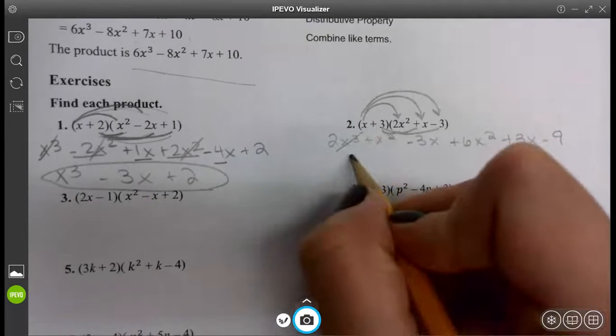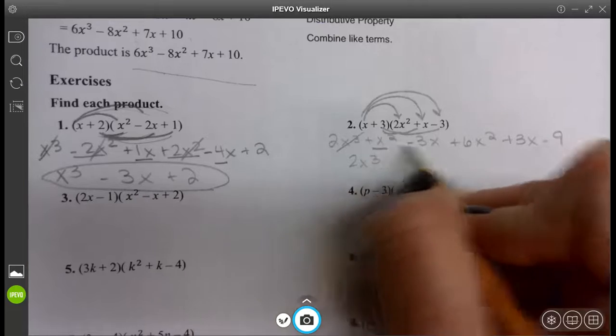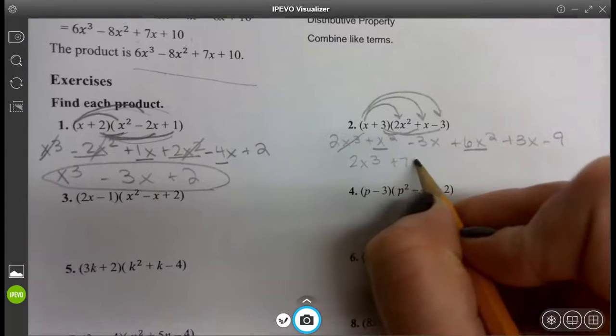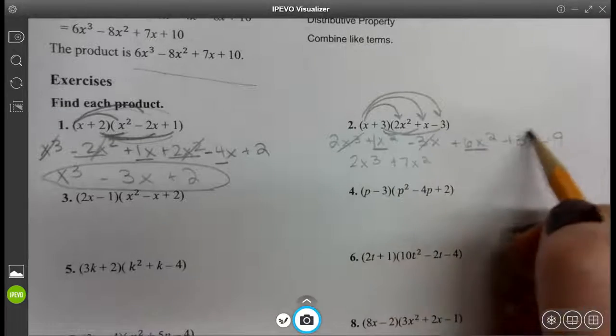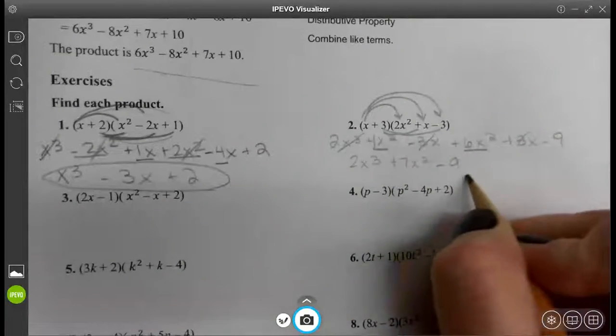No other x cubes. 7x squared. If you need to put a 1 right here, that's fine. The x's cancel, and minus 9.